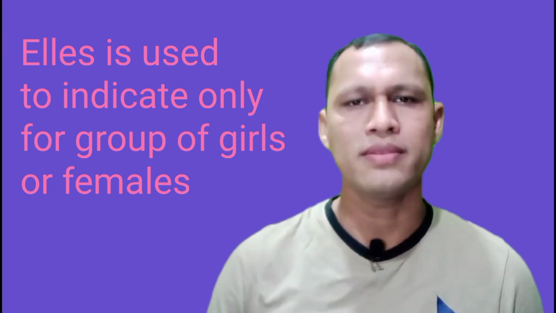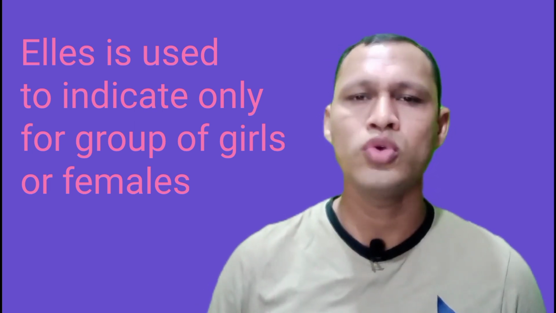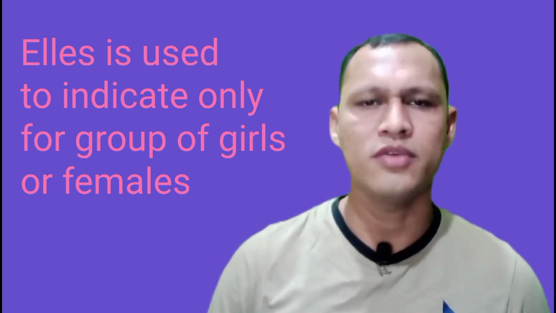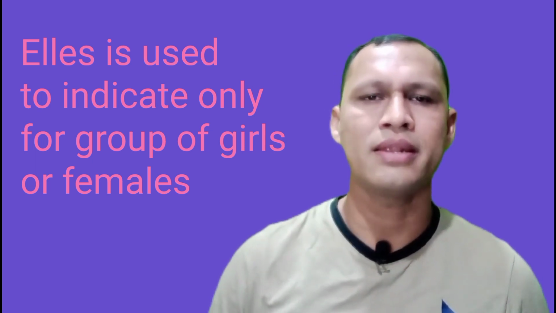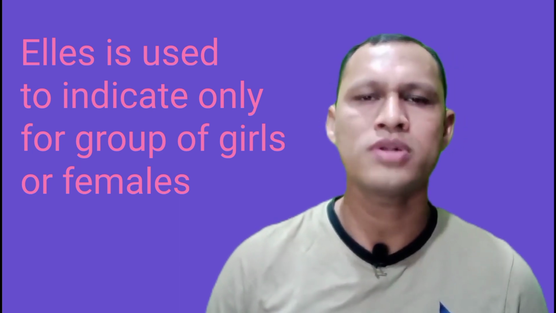Okay, and when the group is formed by a combination of boys and girls, then we will use ils. Even if there is one boy and many girls, then we will use ils, not elles.